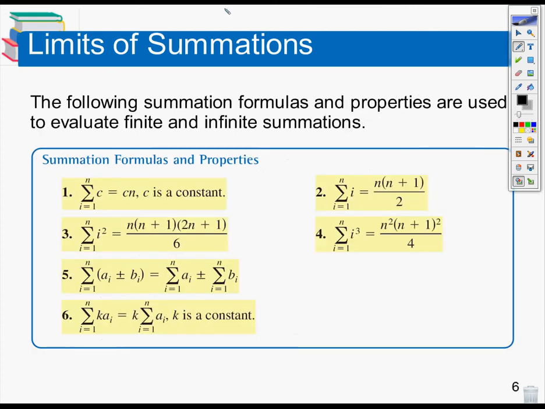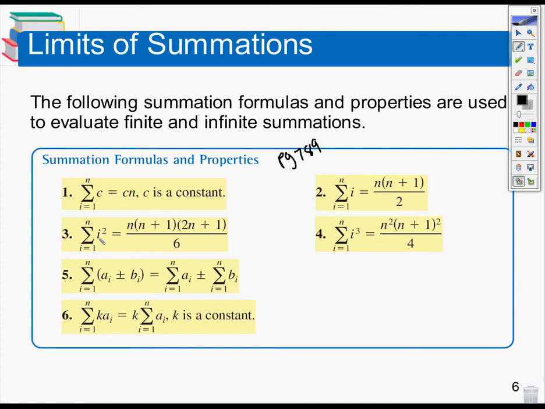And we're not going to go through how they all come to be, but this page, and you have this in your book as well, I think it's page 789, shows you a couple of those, the most common. So if you have the summation of a constant, it's just going to be the constant times whatever your ending value is.